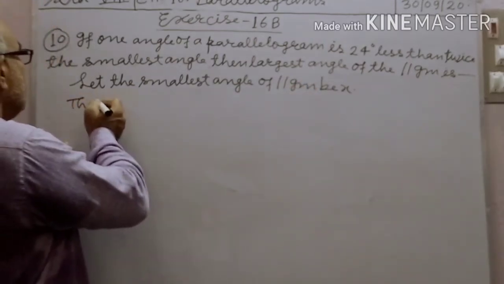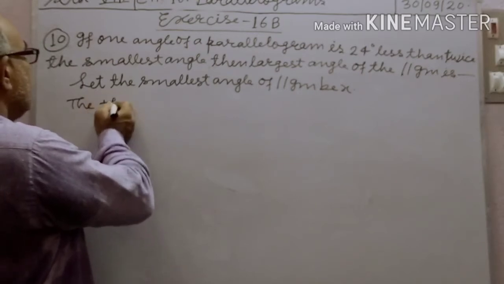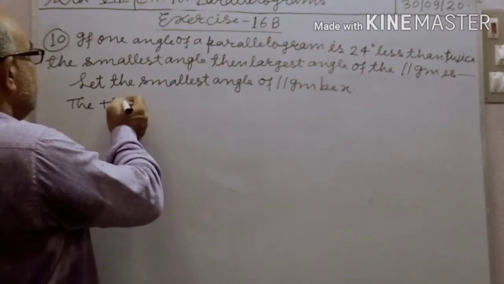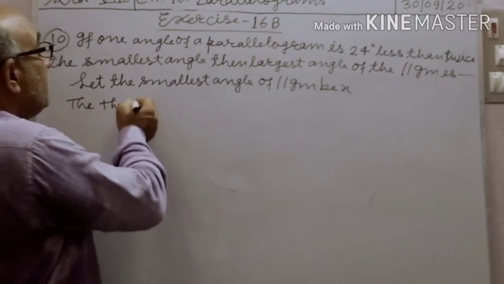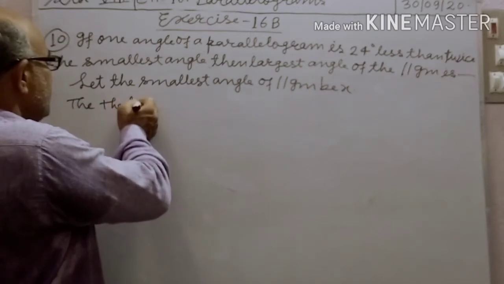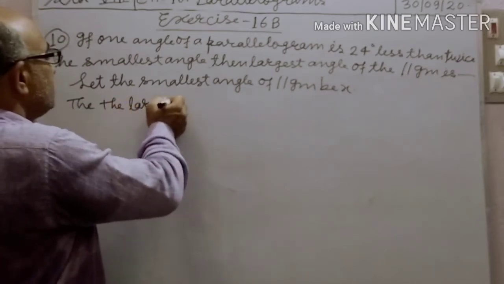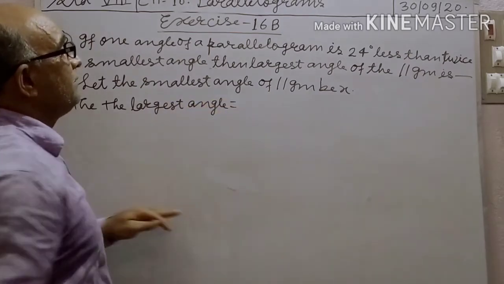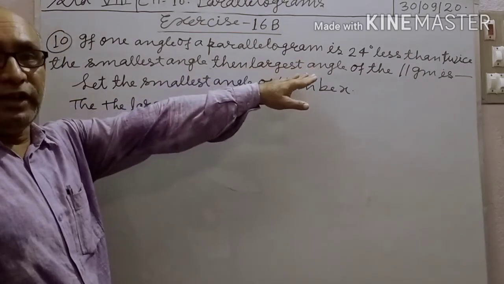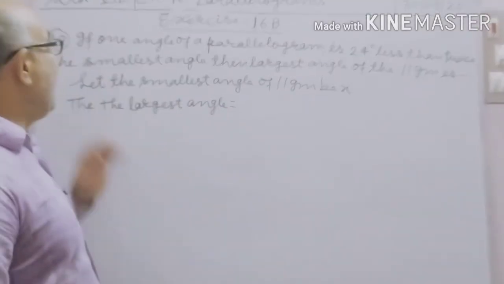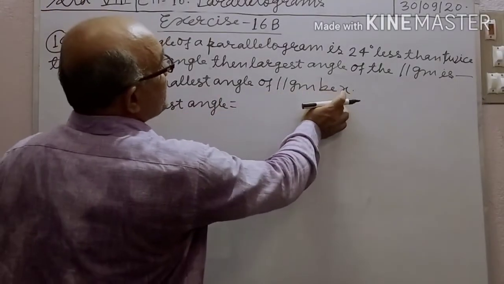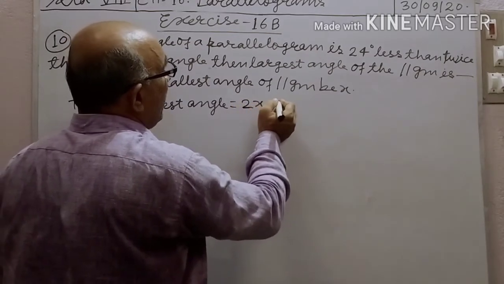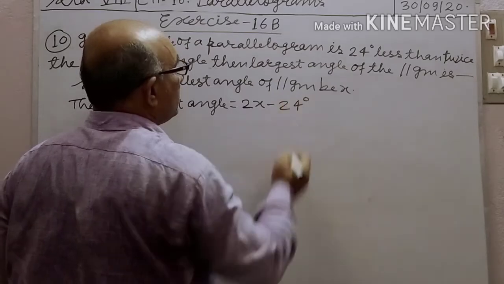Then the largest angle equal to 24 degree less than twice the smallest angle. The smallest angle be x, so twice the smallest angle, 2x minus 24 degree.